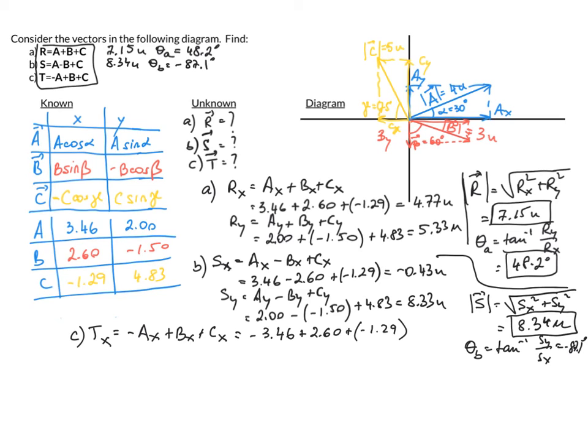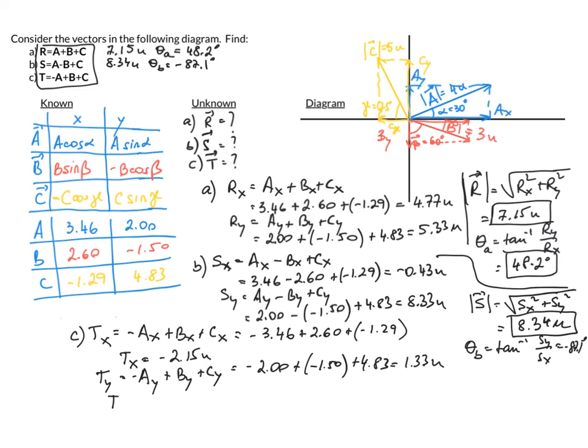So when I plug in the numbers, I end up with t sub x being equal to negative 2.15 units. Similarly, t sub y is negative a sub y plus b sub y plus c sub y, and that will be negative 2 plus negative 1.5 plus 4.83. And when we add those numbers, we end up with 1.33 units.